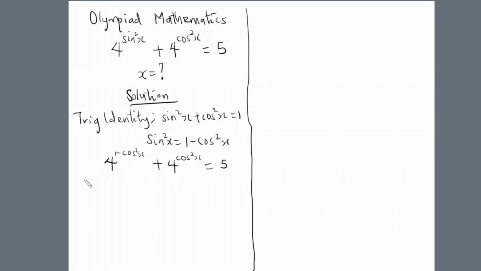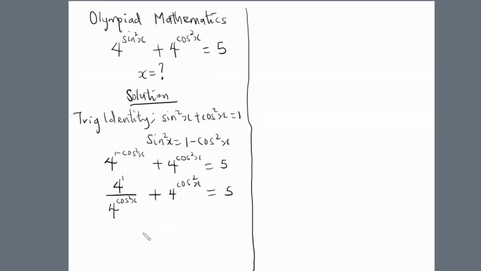Now, in indices, when you have subtraction in the power, you can make it division. Here's what I mean: 4 to the power of 1 divided by 4 to the power of cos square x, plus 4 to the power of cos square x is equal to 5.